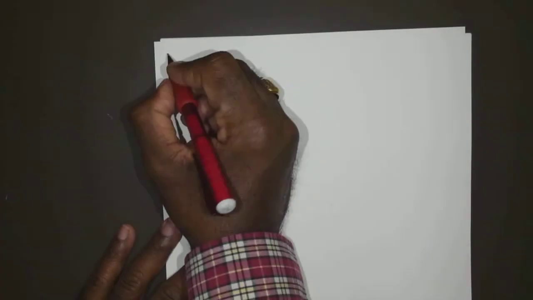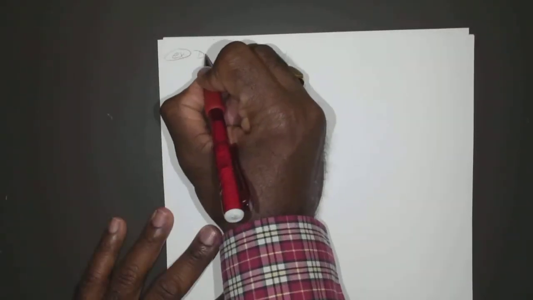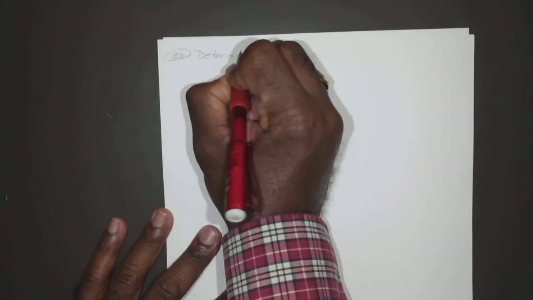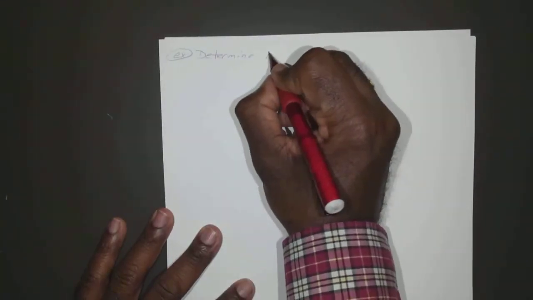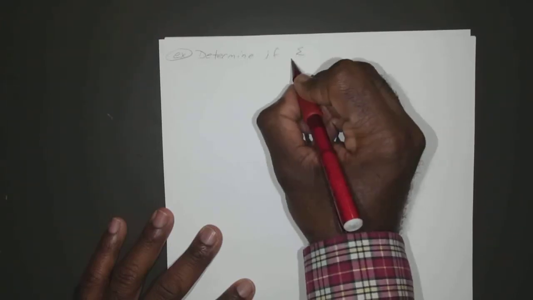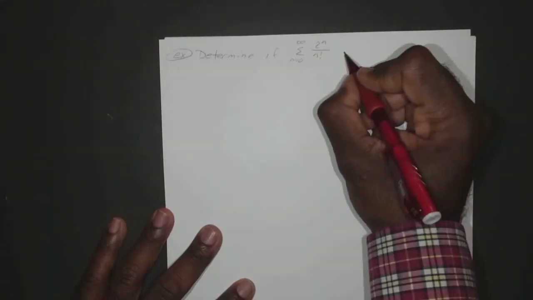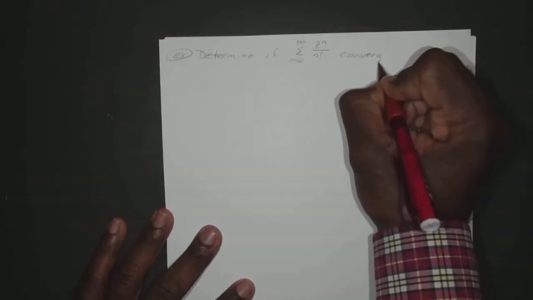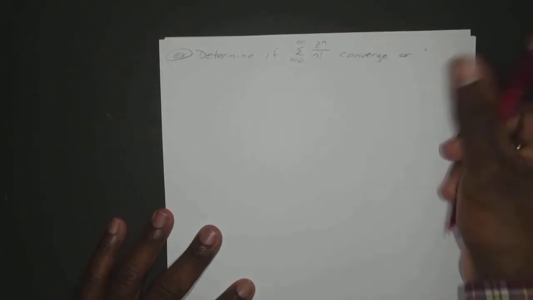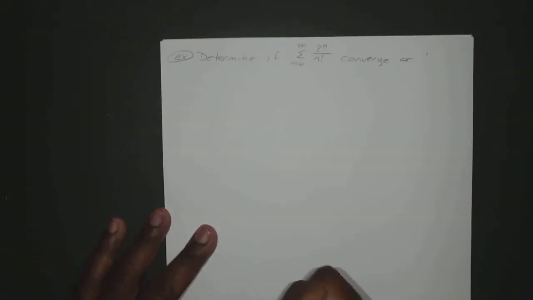All right. So let's say, for example, determine if the sum from n equals 0 to infinity of 2 to the nth power over n factorial converges or diverges.